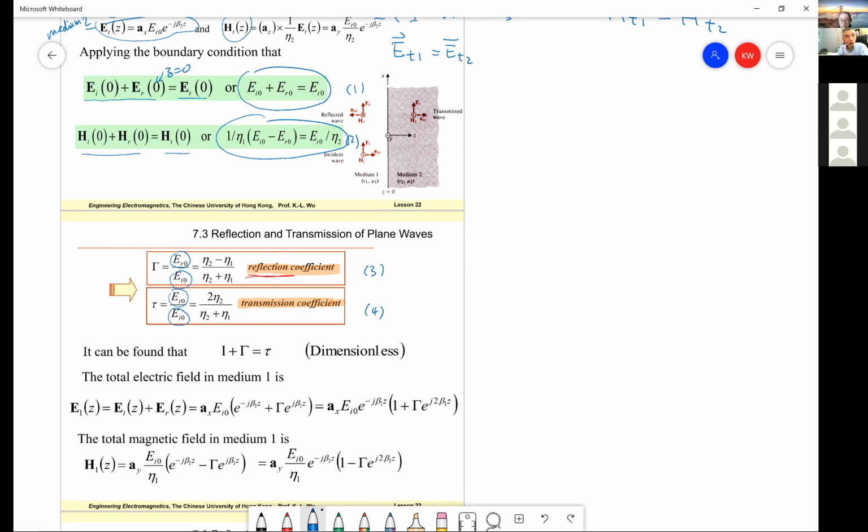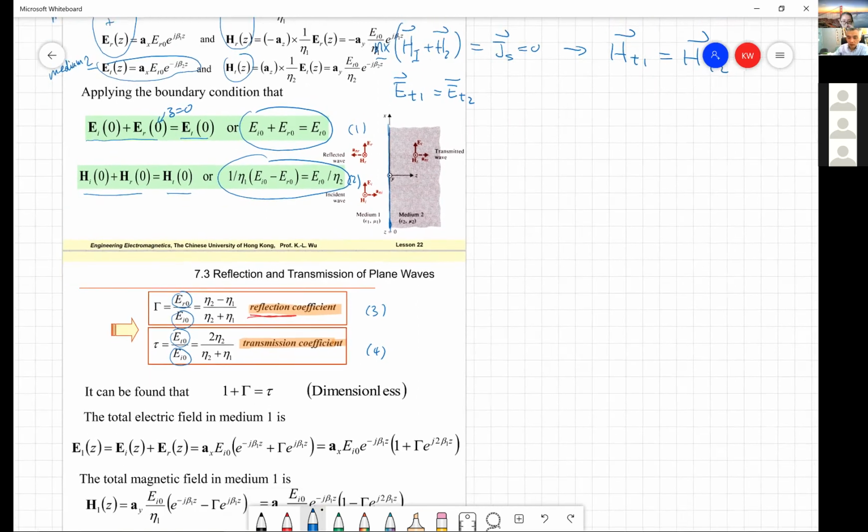What is the property when the field happens right on the interface? Okay, right on the interface. This is how we determine it, right?